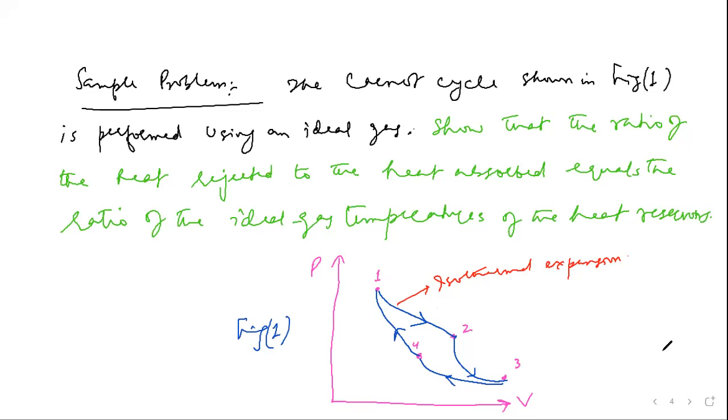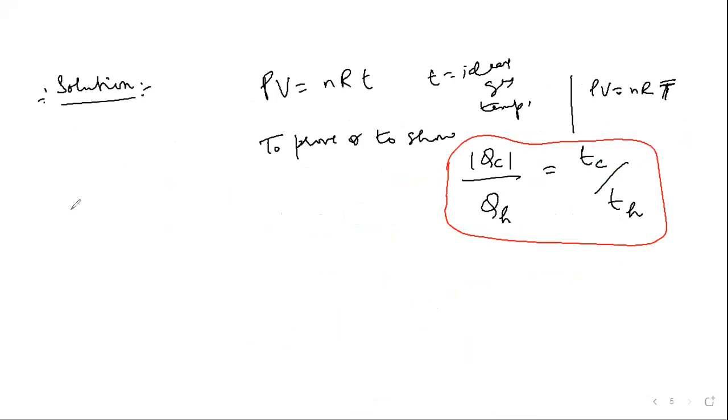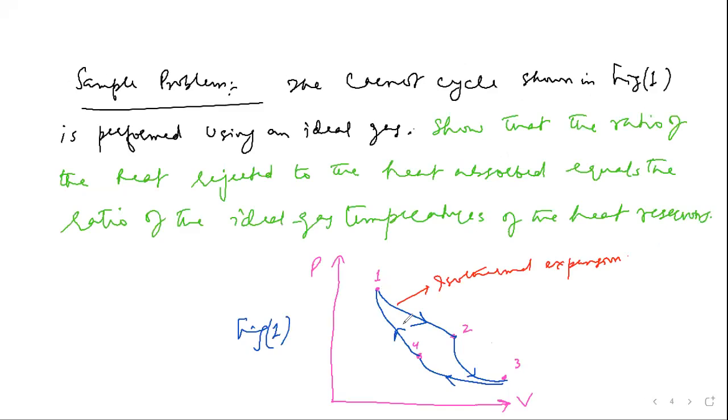Now first we find the work done. This is my work done, right? I use the symbol W with subscript 1 to 2. That means work done by the ideal gas as it moves from point 1 to point 2 is what?